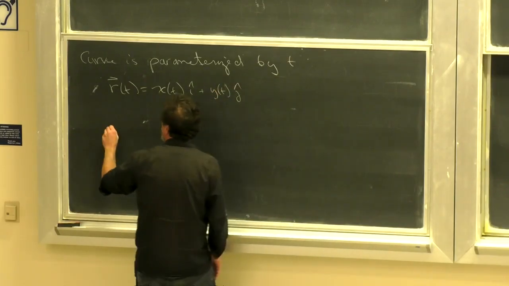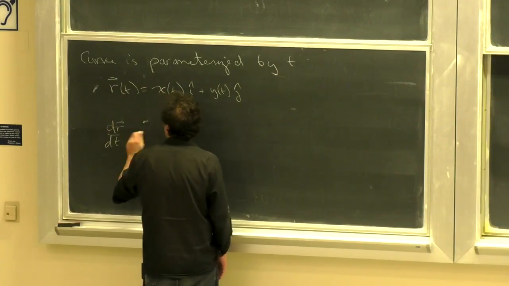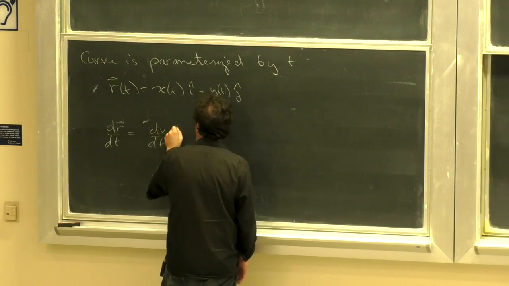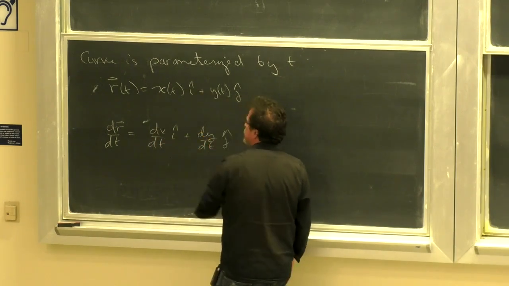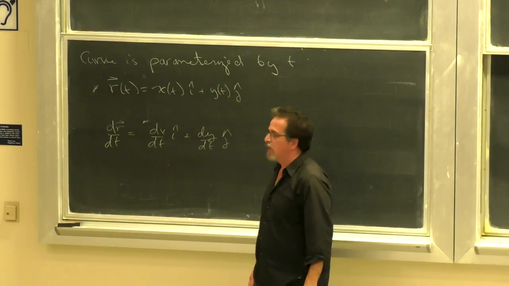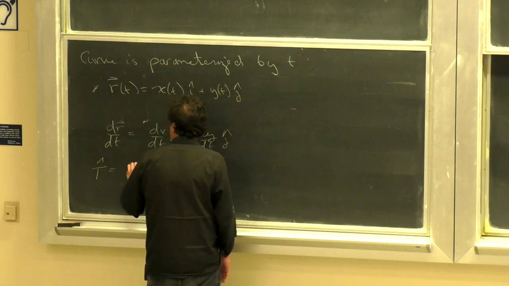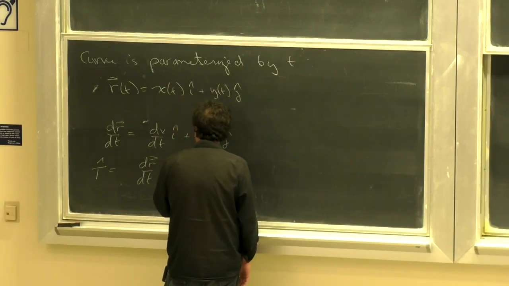We know the tangent vector is parallel to dr dt, and that is dx dt i hat plus dy dt j hat. And so if I want the unit tangent, I write dr dt divided by the magnitude of dr dt.